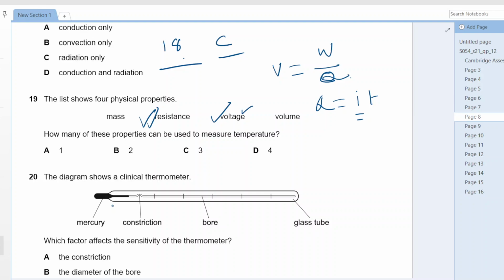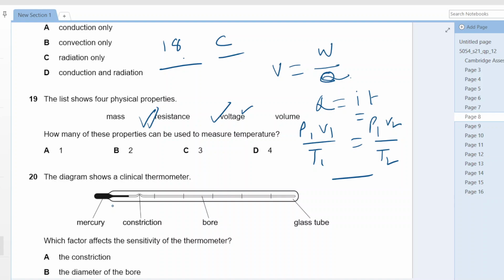And volume, from ideal gas equation, or if I combine Boyle's law, Charles law, and pressure law, P1 V1 by T1 equals to P2 V2 by T2.